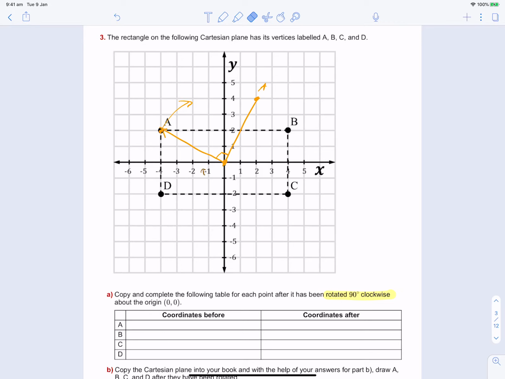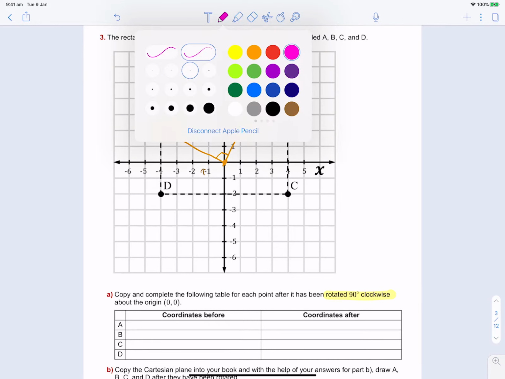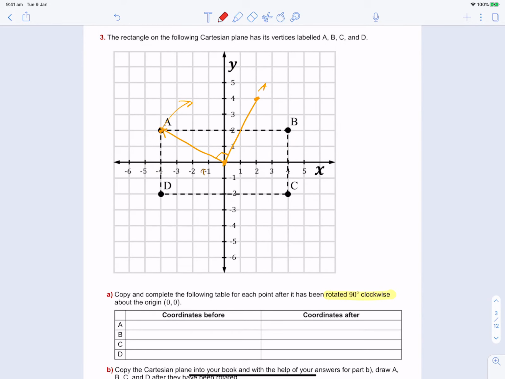So probably the only other thing that I'd really like you guys to start thinking about is, when I rotate, what's happening to my distance from my x-axis and my y-axis. Hopefully we start to notice something: when I rotate this point A, here I'm 2 from the x, and then when I rotate it, I'm now 2 from the y.